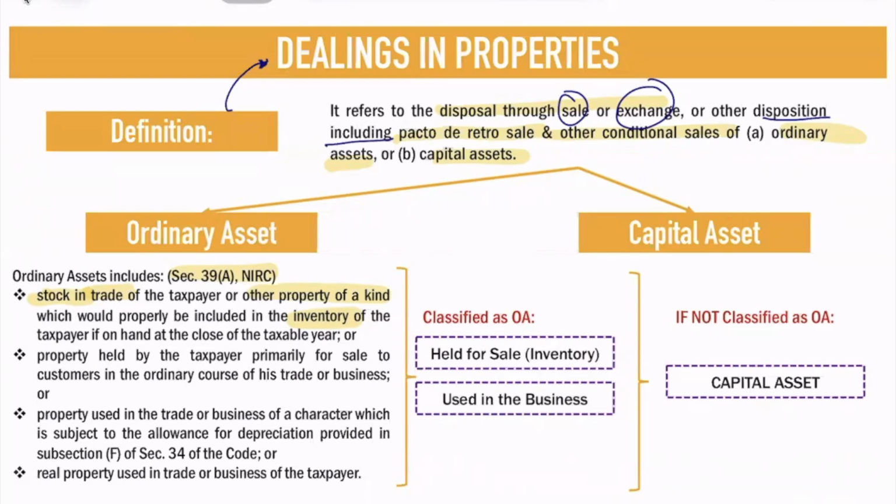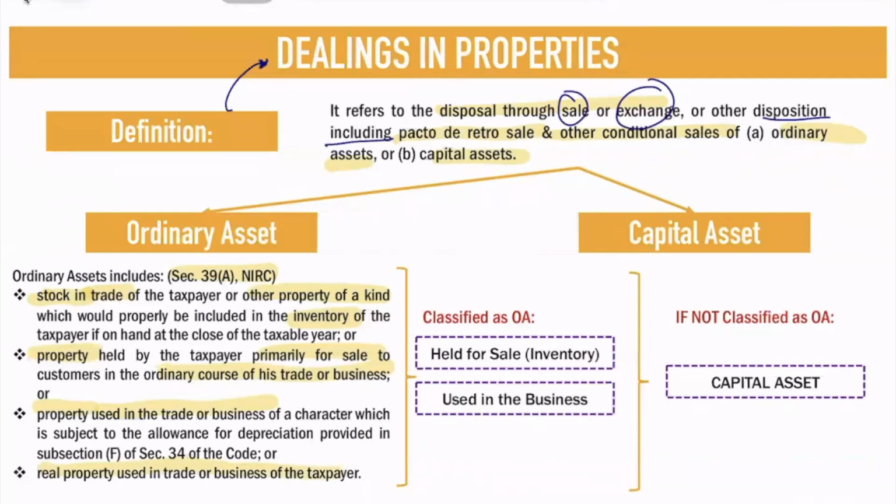Next, property held by the taxpayer primarily for sale to customers. So any type of inventory, again, for sale to customers in the ordinary course of business is an ordinary asset. Property used in the trade or business is also considered an ordinary asset. Real property used in the trade or business is classified as an ordinary asset.